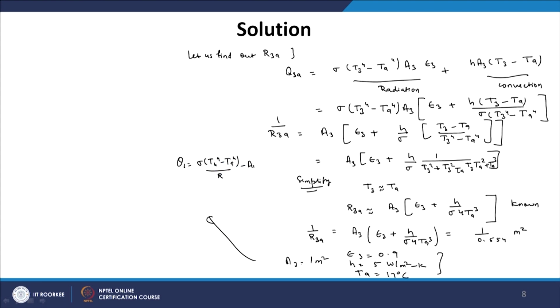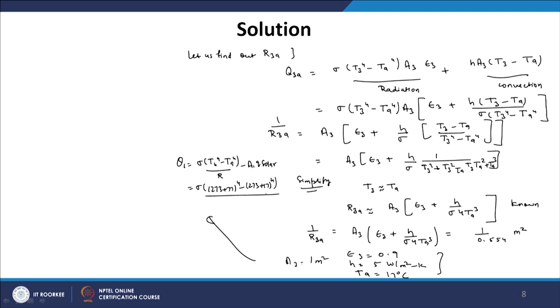So, sigma T1 power 4, the temperature of the plate we know, that is 77 degrees C. So, 273 plus 77 power 4 minus 273 plus 17 power 4.